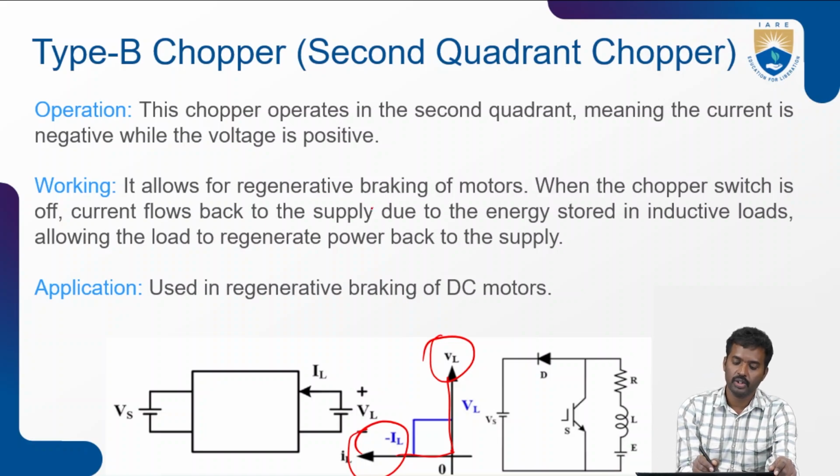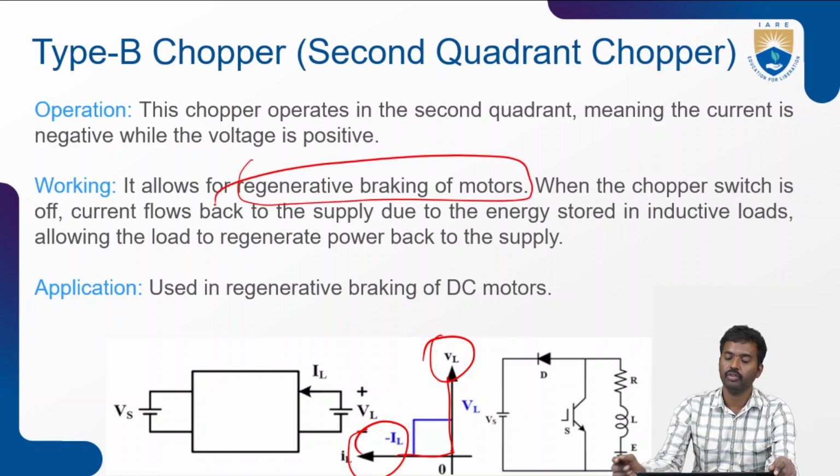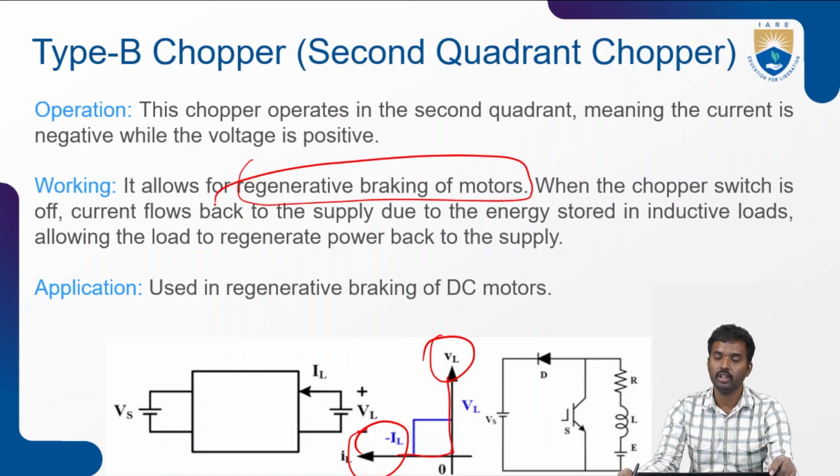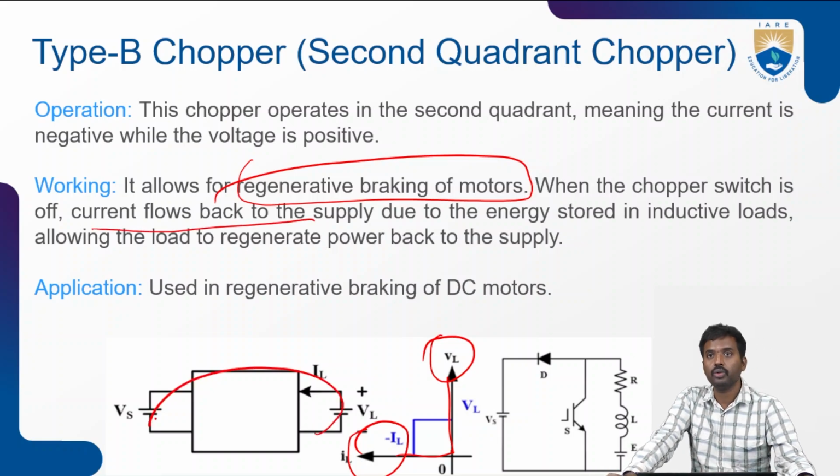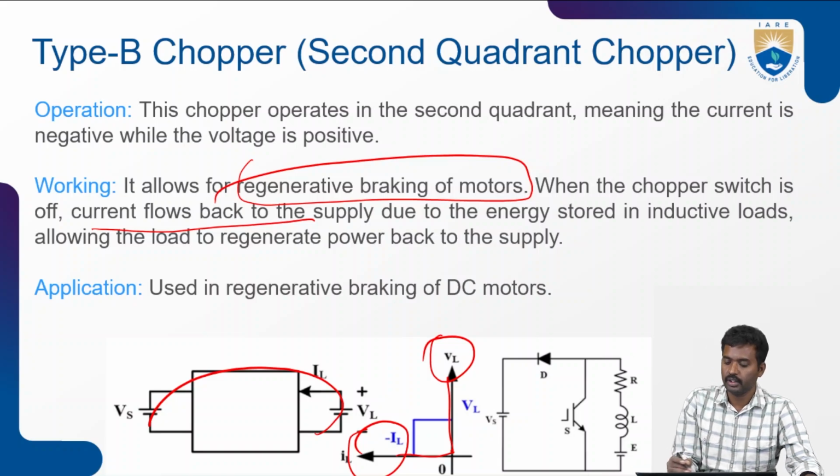It allows the regenerative braking action for motors, and when the chopper switch is off, current flows back from the load to the source, and this is the circuit diagram. This diode allows the current from the load to the source.